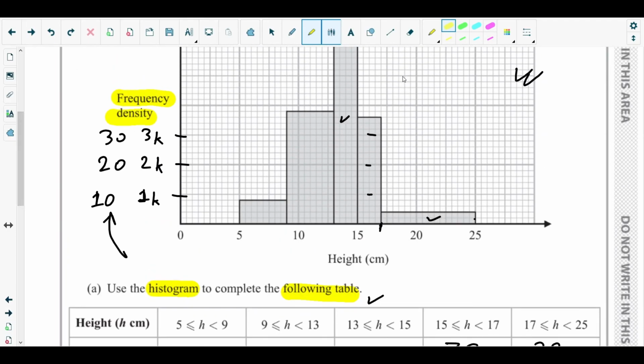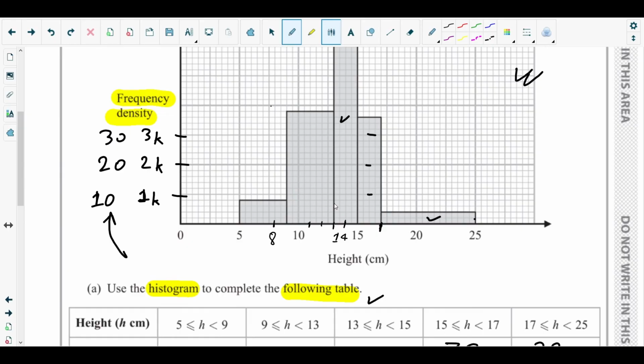Look, at first we need to consider where 8 and 14 would be. This is 8, then 9, 10, 11, 12, 13, and this is 14.